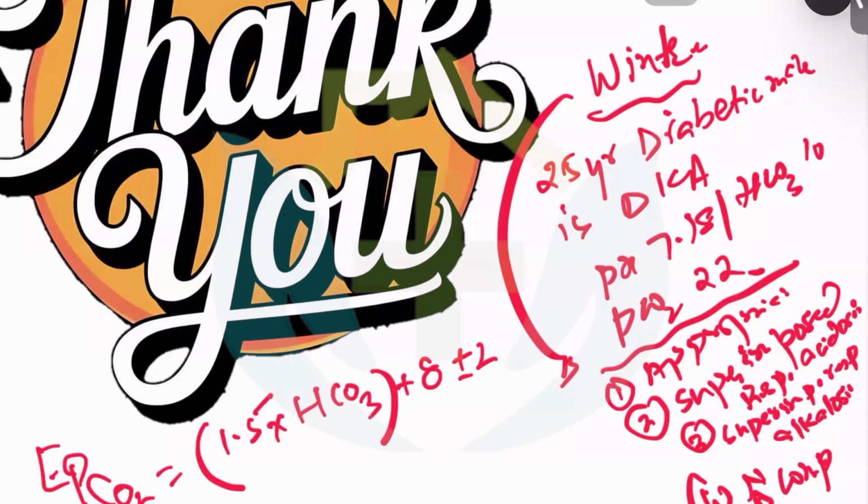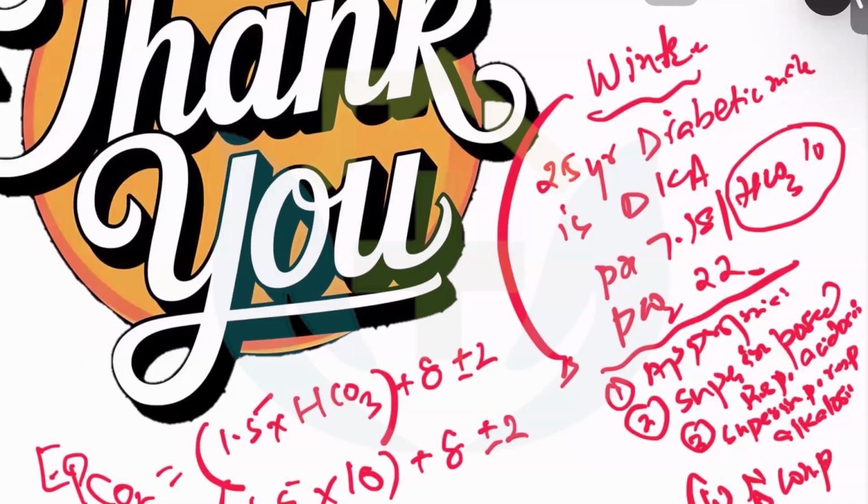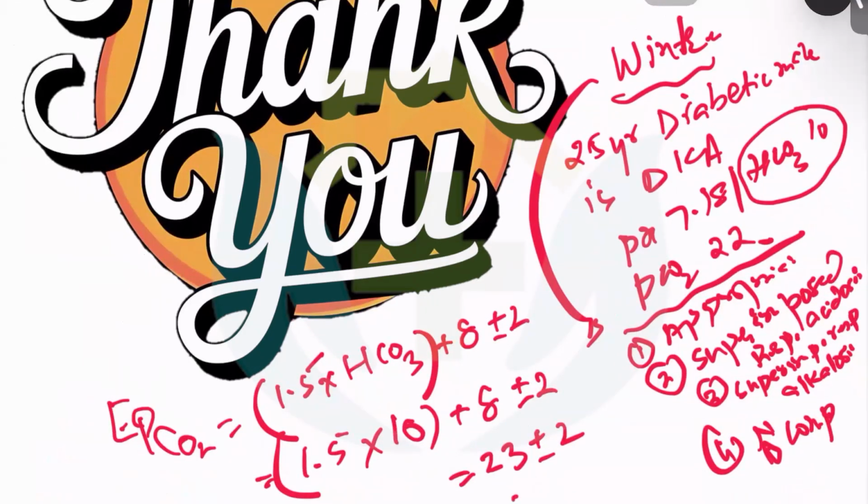What is the bicarbonate given? 10. So 1.5 into 10 is 15, plus 8 is 23, plus or minus 2. So the expected PCO2 range would be 21 to 25. What is the PCO2? PCO2 is 22. So the answer will be appropriate compensation.